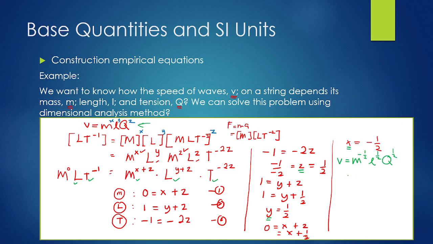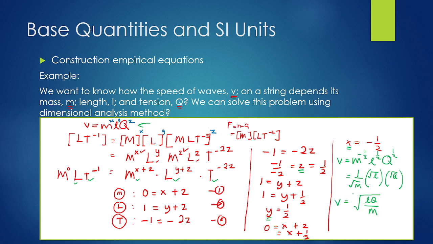Okay, so you have to operate the indices. This is 1 over square root of m, times L to the half, which is square root of L, and T to the half is square root of T. So what you have here is the square root of everything, LT divided by m.